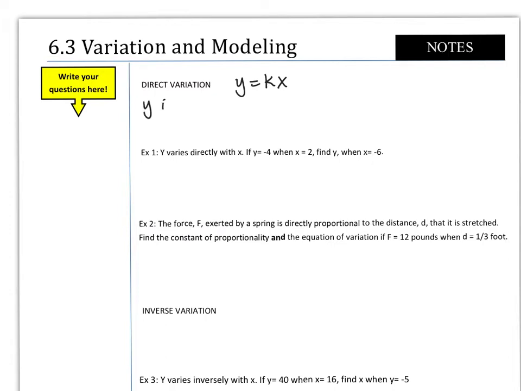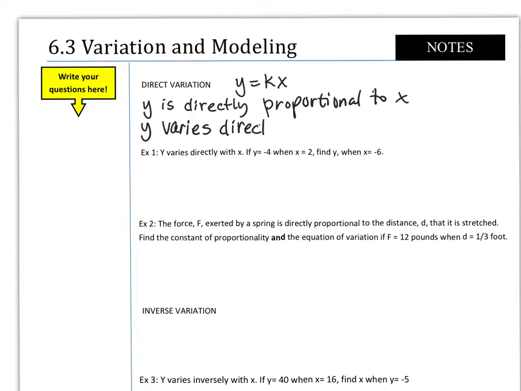So y is directly proportional to x is some wording you would see. Sometimes you see it written as y varies directly with x.